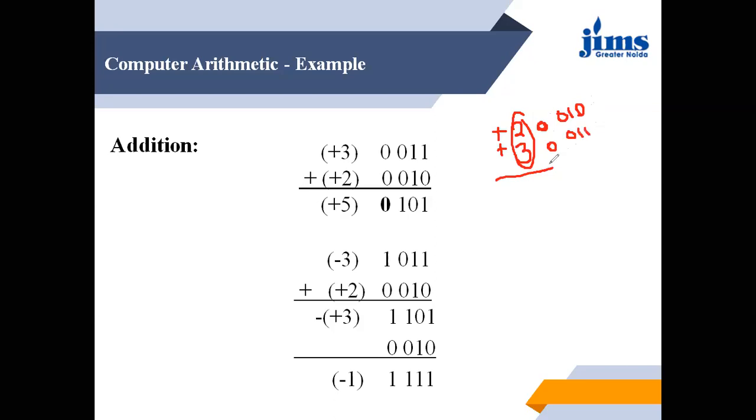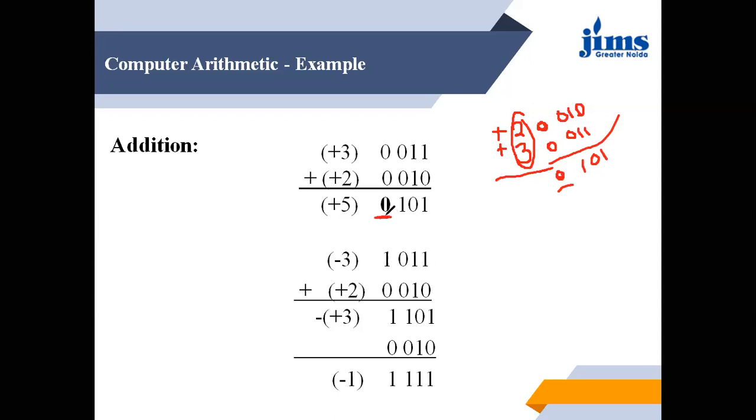When we add these two numbers, 0 plus 1 is 1, 1 plus 1 is 0 with a carry 1, and 1 plus 0 plus 0 is 1. And from here you can see that the sign of the result is the sign of either number. So we are getting a plus sign.